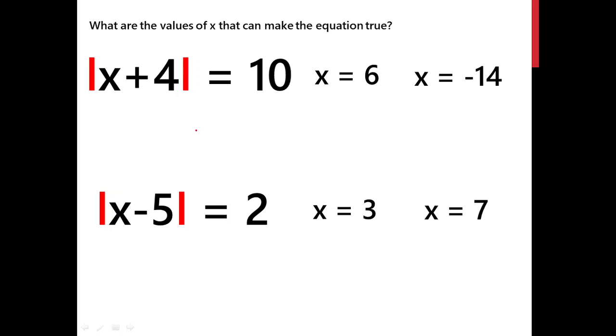Now, how do we solve this one using the algebra? Again, I will use the method that I'm used to in solving this kind of problem. So if I have a positive 10 here, I'll just create another equation here using its opposite.